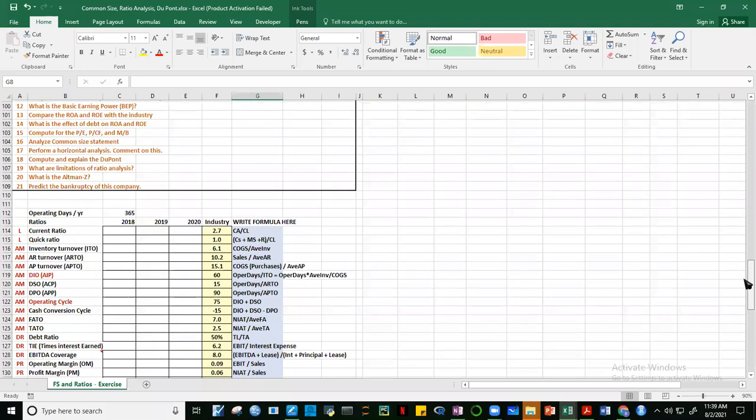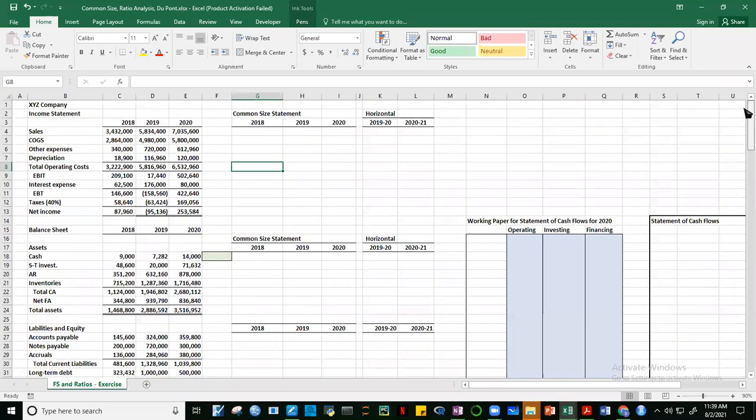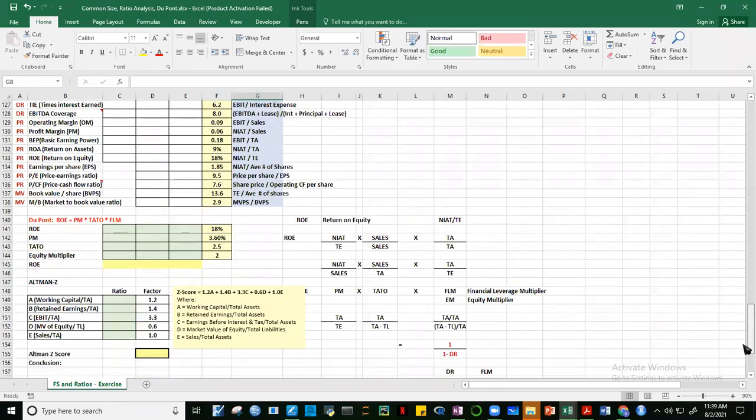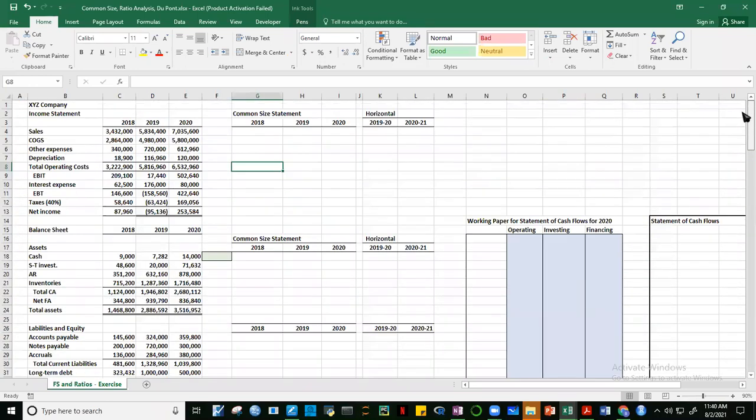It would be better if 2020 came first: 2020, 2019, 2018, from the most current. Technically, this should be reversed, with 2020 first, then 2019, then 2018. I leave that to you to do. Apologies for this.